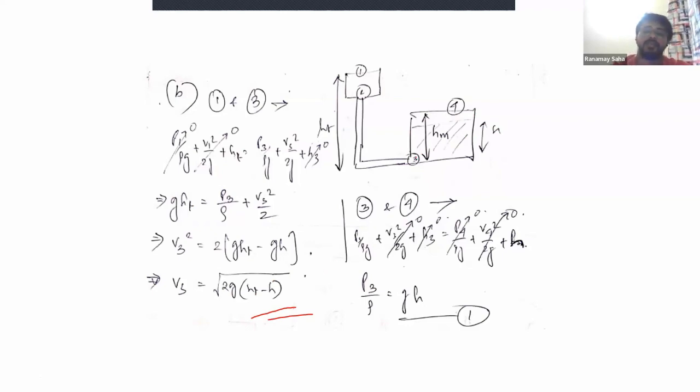I take the Bernoulli equation between points 3 and 4 to find the pressure at point 3, which is rho g into h, the height the molten metal has reached inside the mold cavity at that particular instant of time.